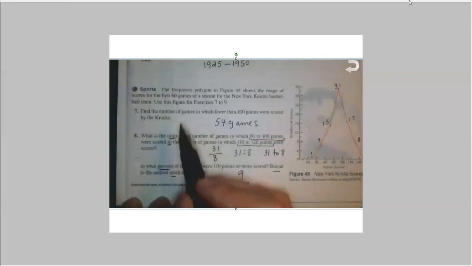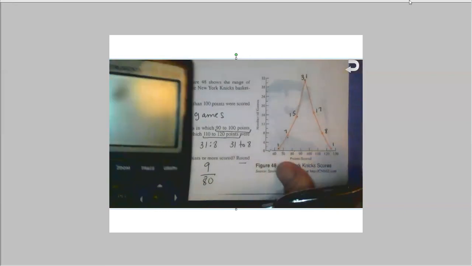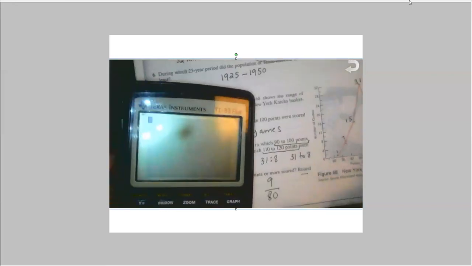Okay, so only 9 games did they score 110 points or more out of a total of, if I look back up here, it says this chart represents the first 80 games. If I were to add up all these numbers, it should add up to be 80. So 9 games out of a total of 80. That's my fraction.